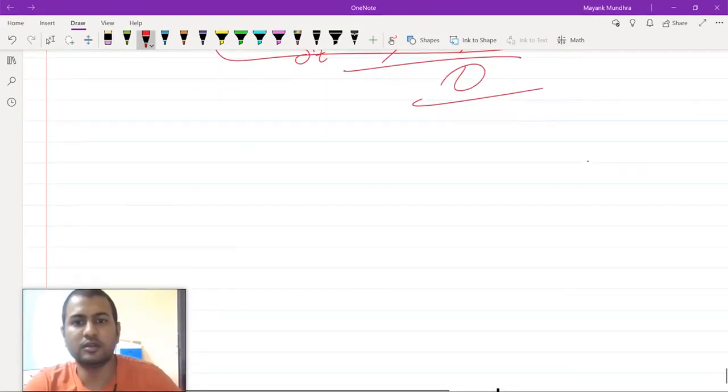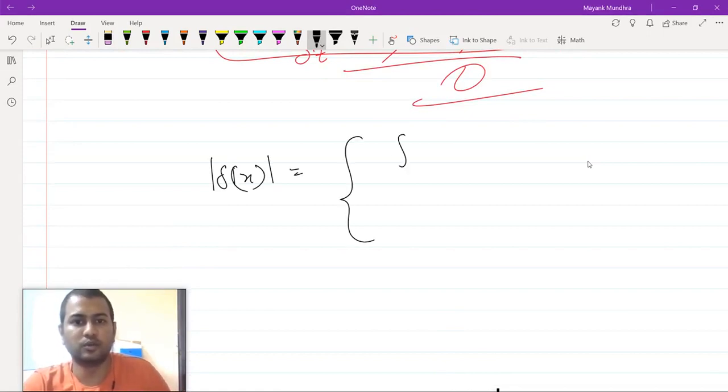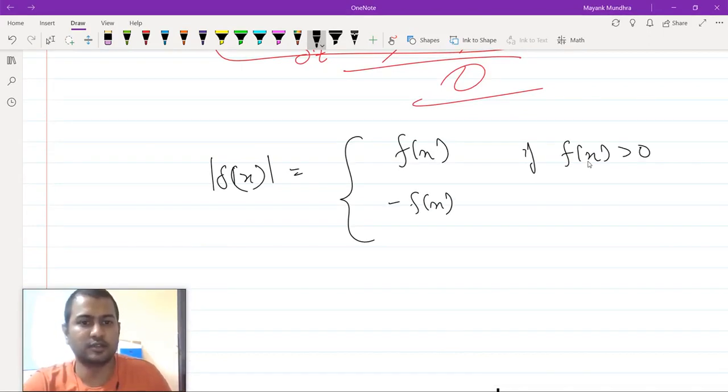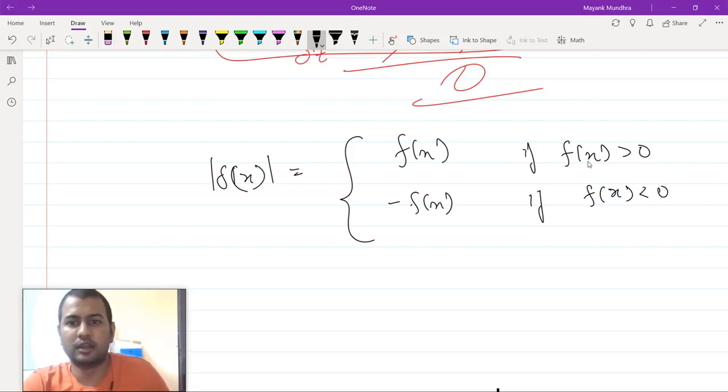Okay, so mod f x is equal to f of x if f of x is positive and minus f of x if f of x is negative. So let me call this function g of x.